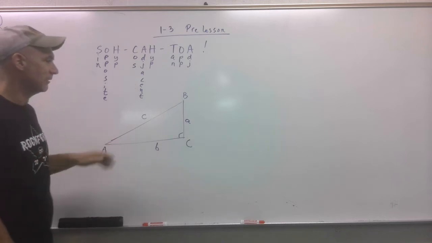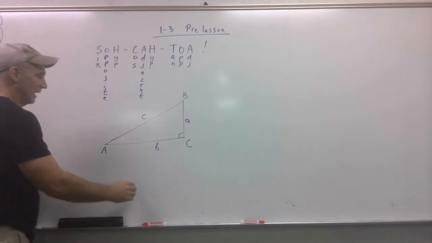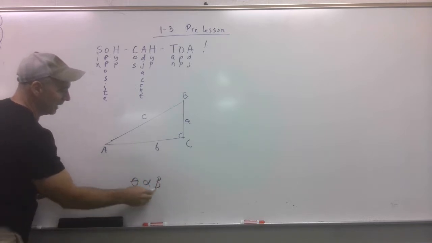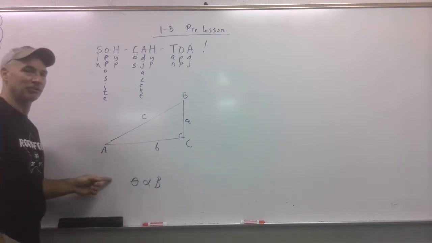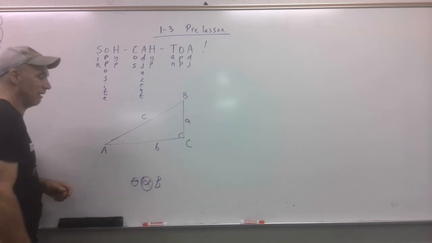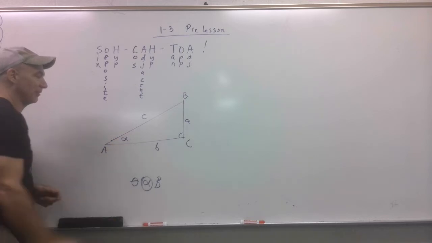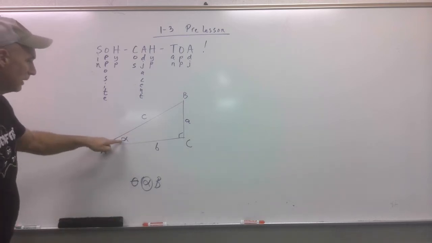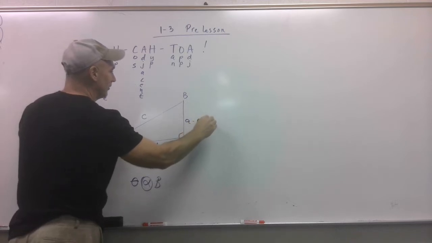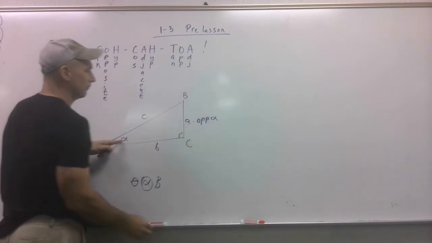Now with that in mind, they have all these symbols: theta, alpha, beta, Greek symbols representing angles. This book tends to like alpha. So they're going to put alpha somewhere. And if they put it there, that means A is considered the side opposite alpha.